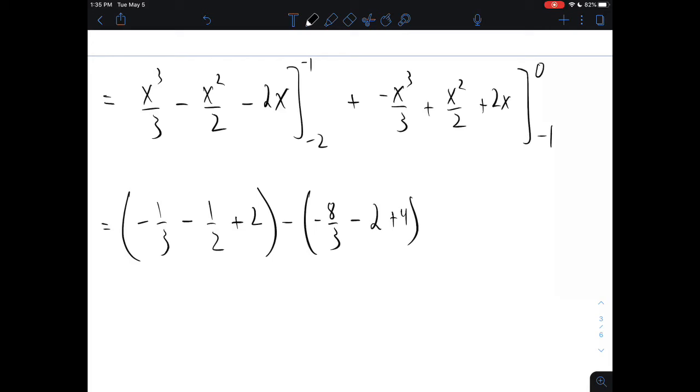And then I have from the second region, I have to plug in 0 first. That's just going to be 0 plus 0 plus 0. And then plugging in -1, I would get a +1 third plus a half, but then -2.